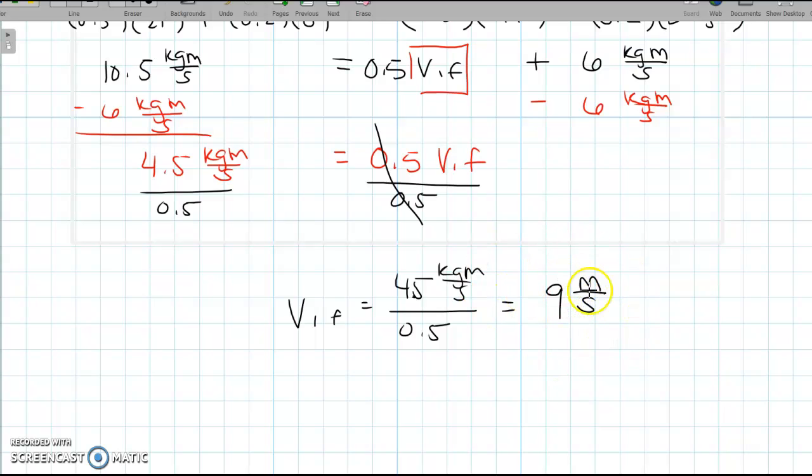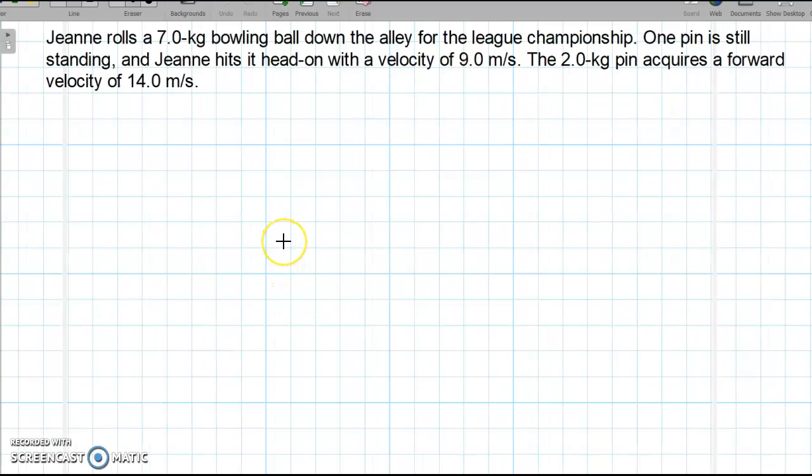So that is the final velocity of the ball. All right, the next one. Janine rolls a 7 kilogram bowling ball down the alley for a league championship. One pin is still standing, and Janine hits it head on with a velocity of 9 meters per second. The 2 kilogram pin acquires a forward velocity of 14 meters per second, and we want to know the final velocity for the bowling ball.